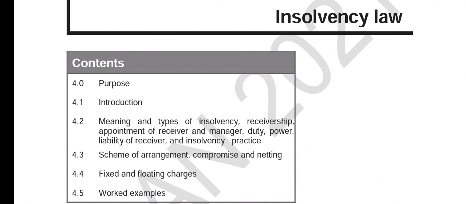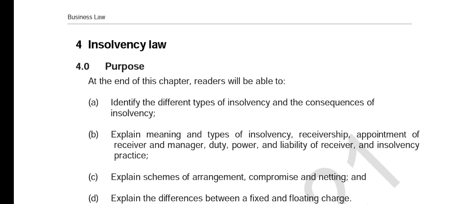We'll talk about a receiver, the agency of a receiver, who a receiver is, their duties, the powers they have, and insolvency practice. We'll also look at scheme of arrangement, compromise, and netting, and then we'll take a look at the differences between fixed and floating charges. And after that, we'll call it a night.